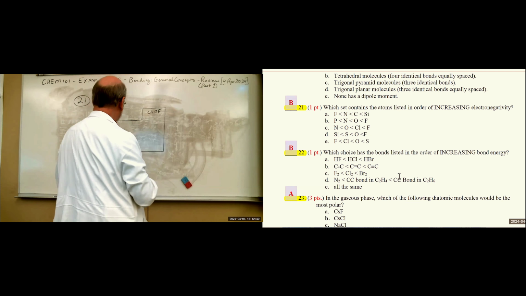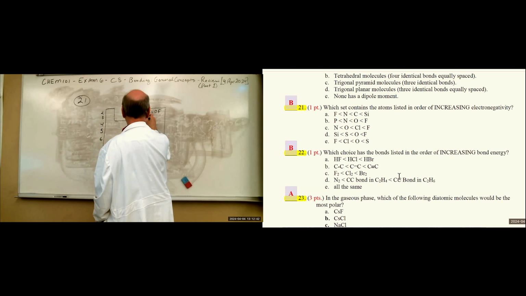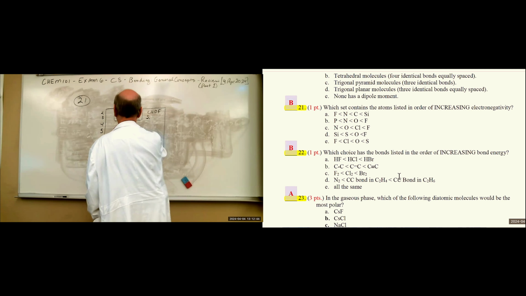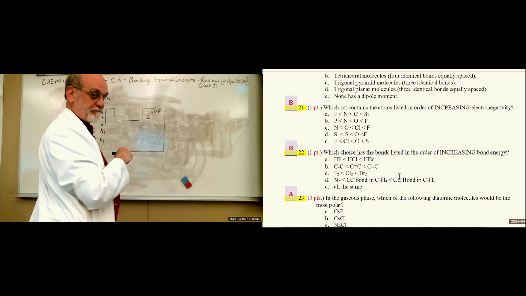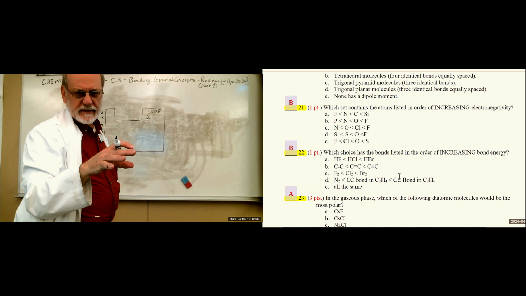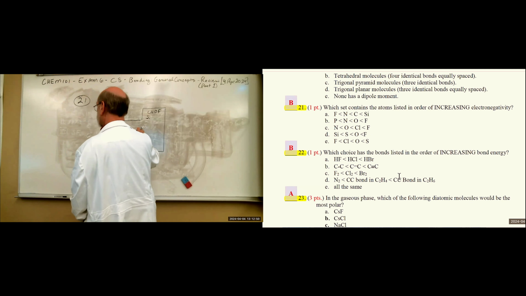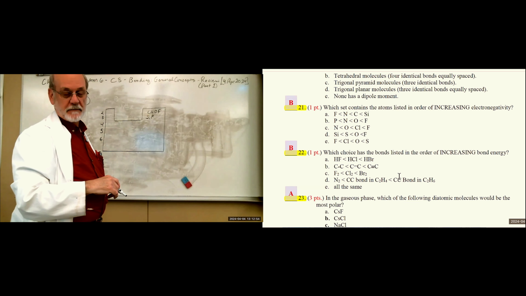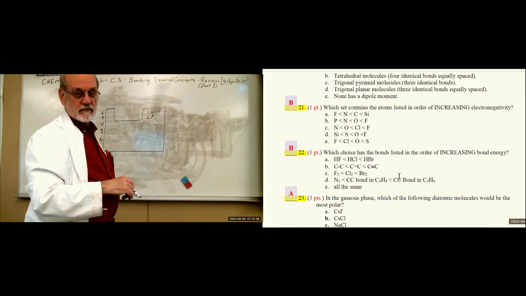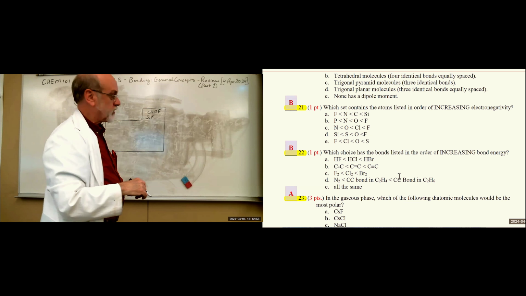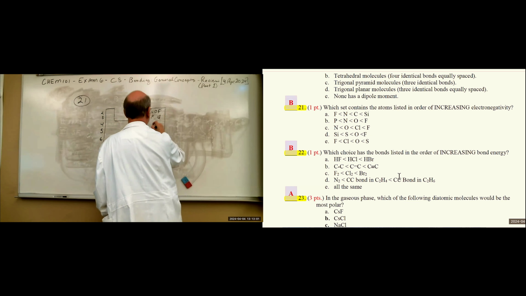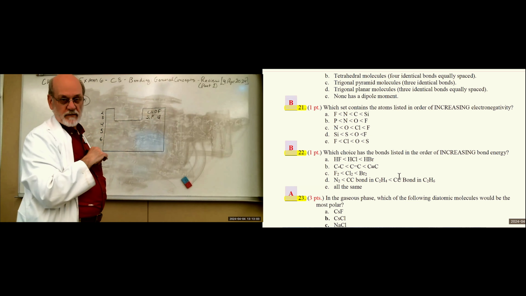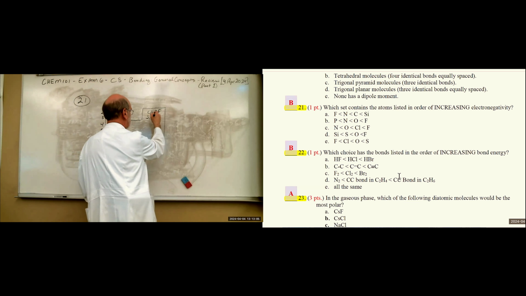And let's see, silicon. Silicon is below carbon in 3. Yep. So phosphorus. Phosphorus is below nitrogen. Nitrogen, oxygen, fluorine, oxygen, chlorine. Chlorine is here. Is sulfur in? Yeah, sulfur's in there.